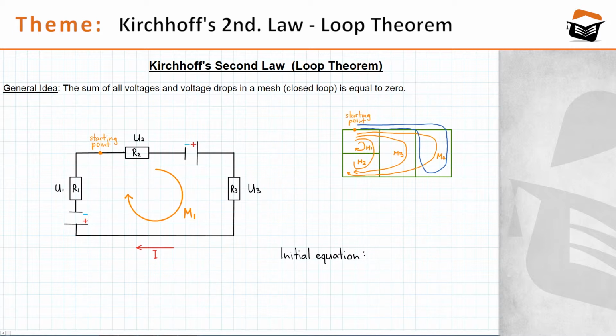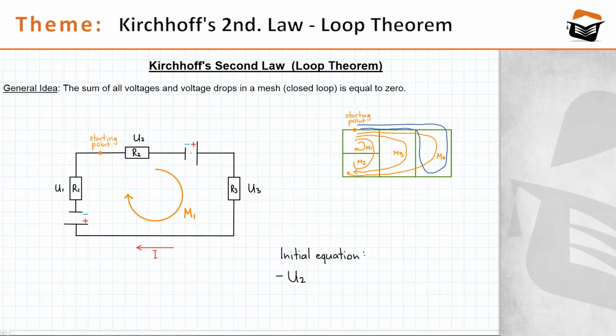Starting at the starting point and going clockwise along your closed loop, if I encounter a resistor, like R2 here, I treat it like a voltage drop. So in the equation, I write down minus U2.